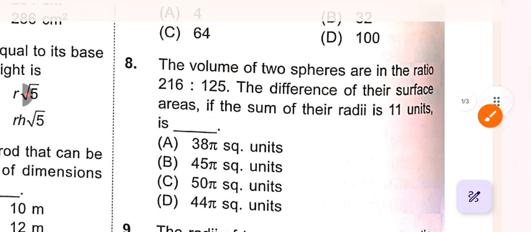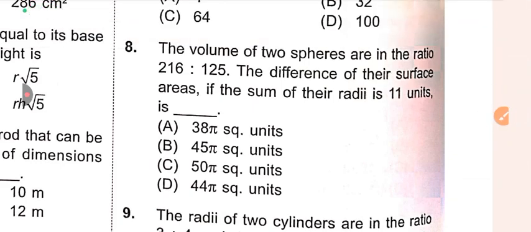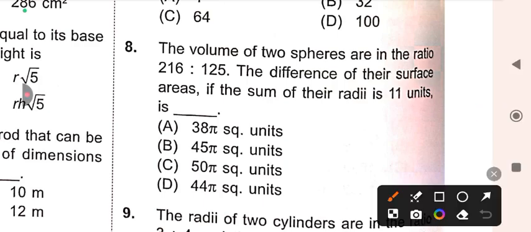Next question is, the volumes of two spheres are in the ratio 216:125. Find the difference of their surface areas if the sum of their radii is 11 units. This is a very good question. So let r1 and r2 be the radii of the two spheres.